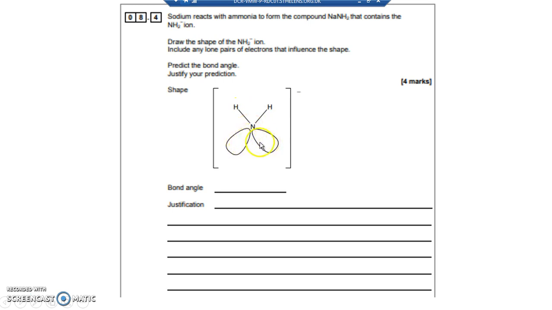You actually don't take the lone pairs into consideration when you're looking at the shape of the molecule. You ignore these. You need to consider them to work out what the actual shape is, but you only look at the bonding pairs when you're describing the shape. So it's V-shaped or bent.